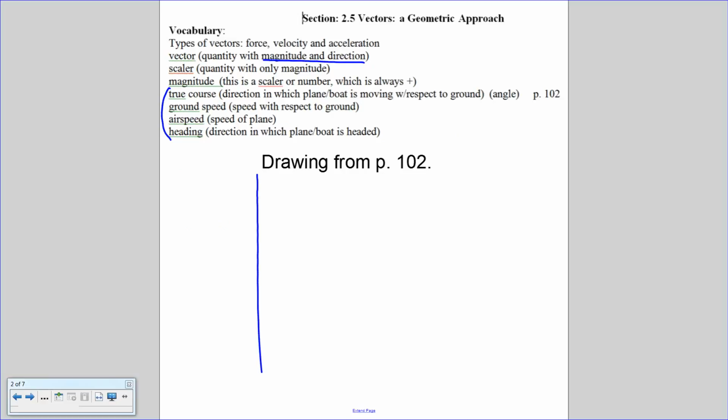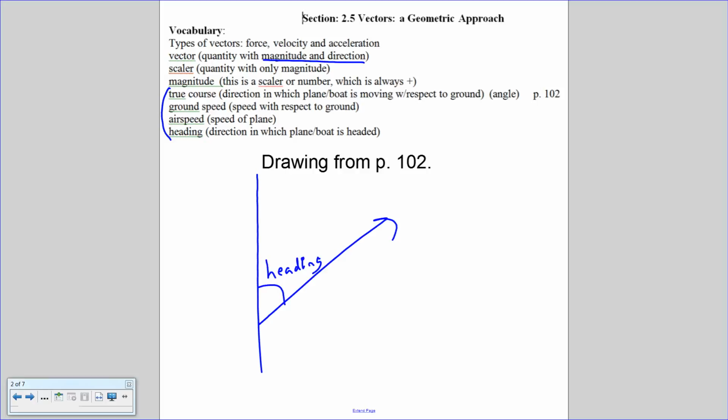Let's say, for example, we're in a plane. The plane is going to have a heading, and the heading is going to be the initial heading, and that could be in terms of a bearing, or it could be from the north.